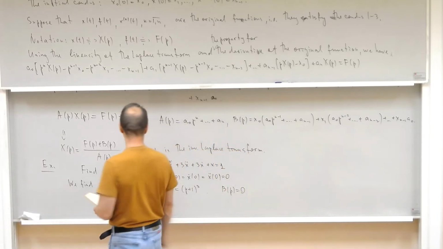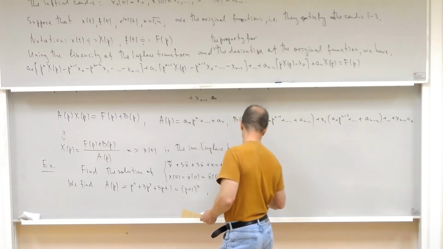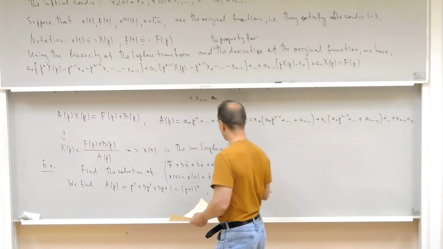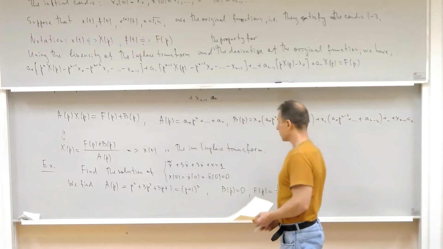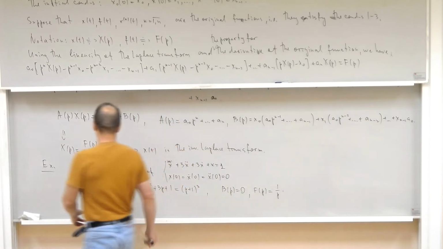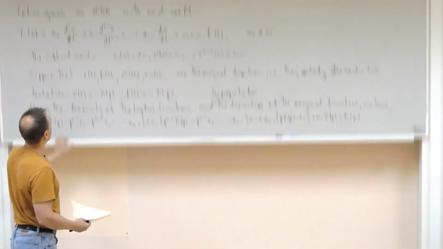And as for F large of p, it is the Laplace transform of unity, and we know that it is equal to 1 over p. Then we just substitute this expression into the general formula.